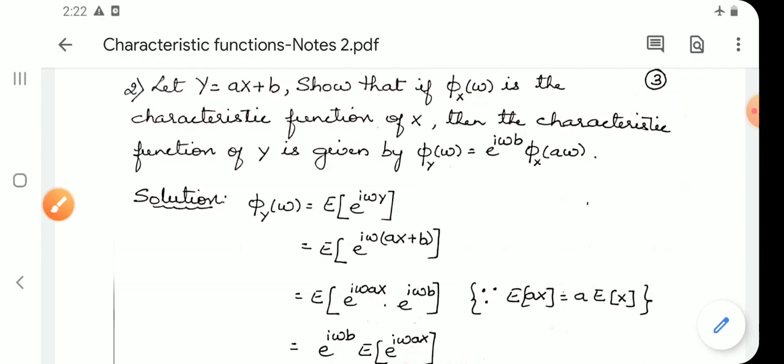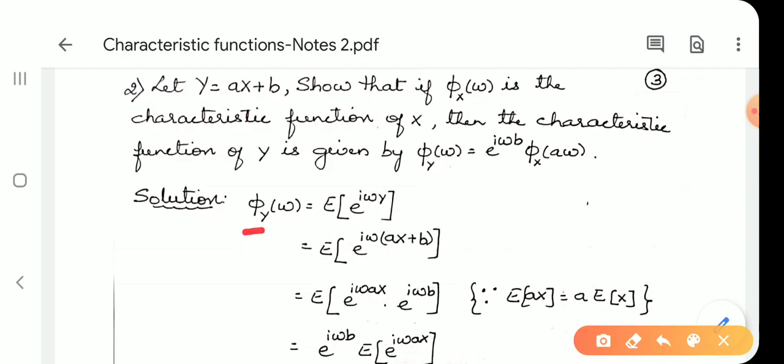To solve this, first we will consider phi y of omega. By the definition of characteristic function, phi y of omega is equal to expectation of e to the power I omega y. But according to the given problem, y is nothing but ax plus b.